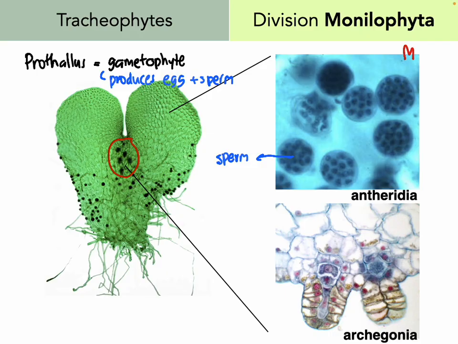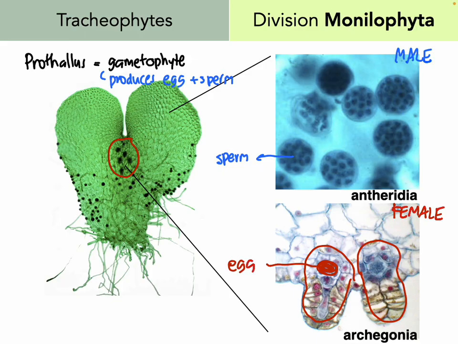So you have male here and female here, and in this archegonia, you have the female sex cells right here, which is what? The egg. And the sperm will swim toward the egg to do the fertilization.